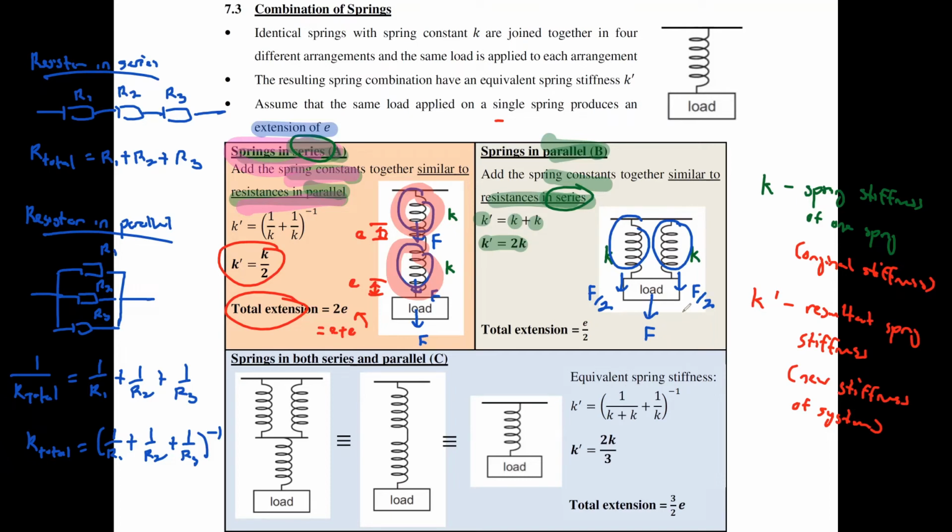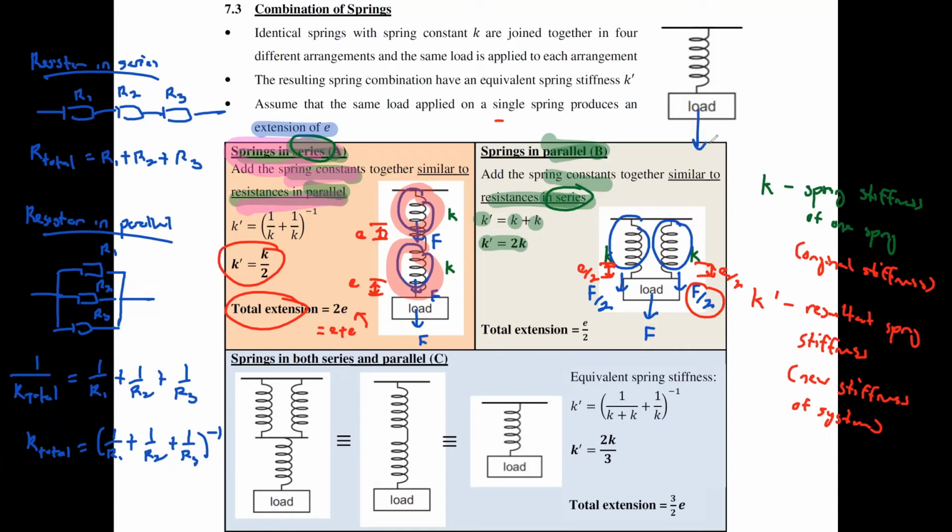And then since this is taking half the force as before, you are going to get an extension of E over 2. This one here you will also get an extension of E over 2, right?